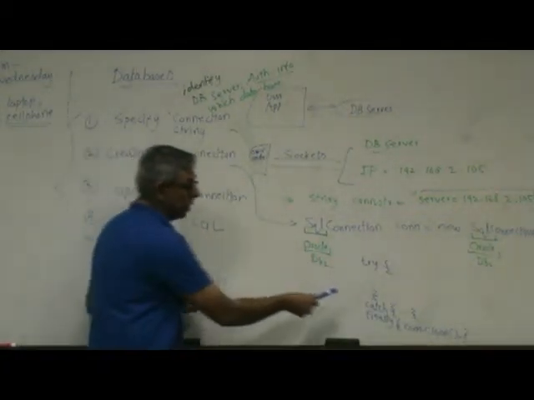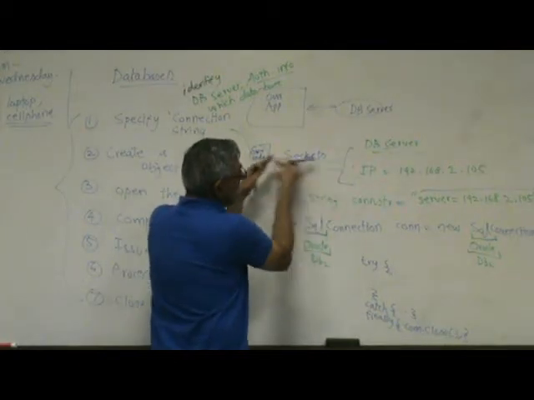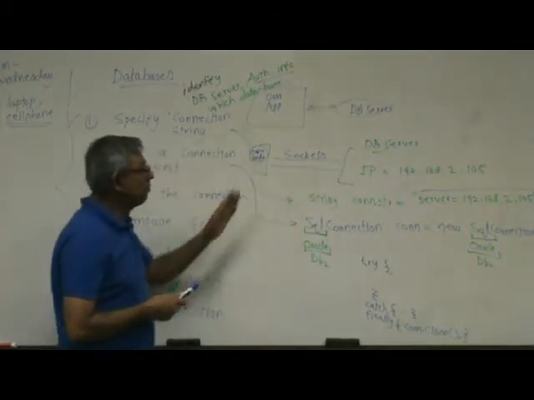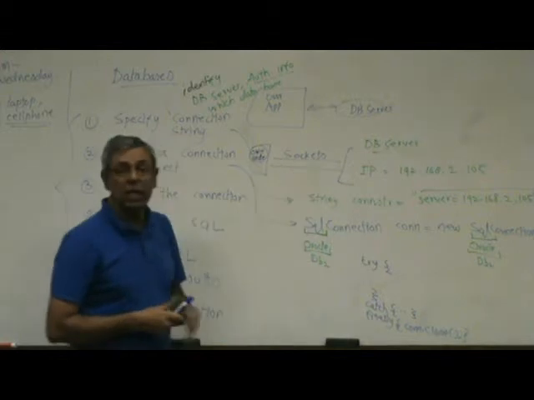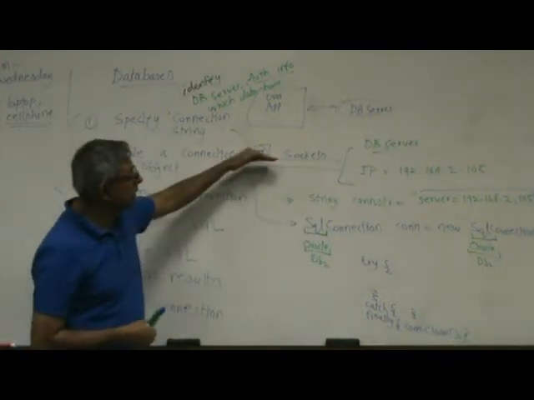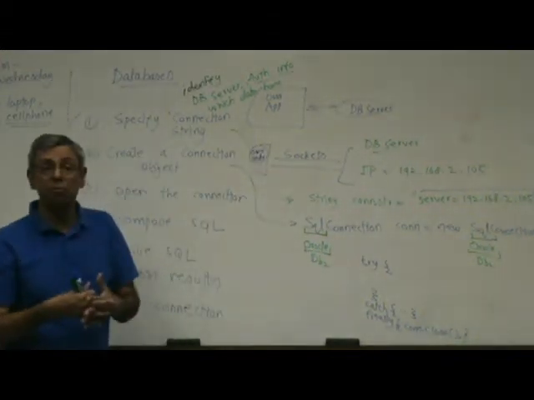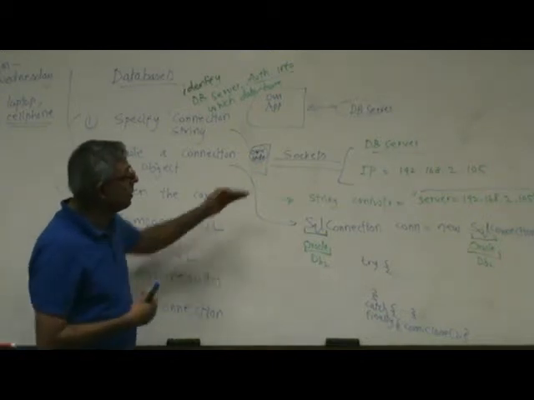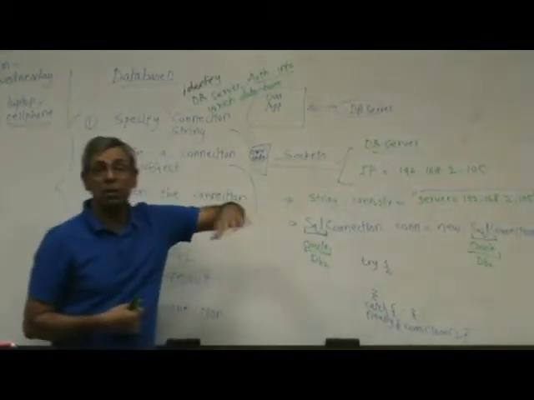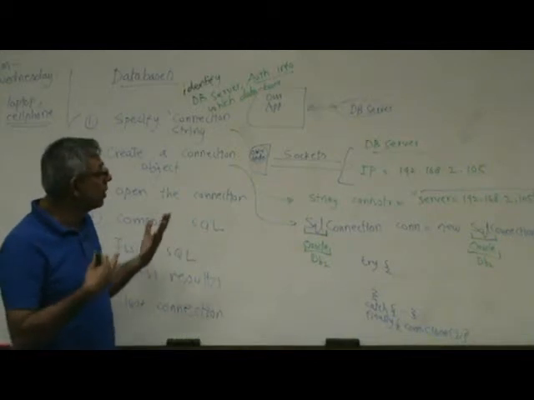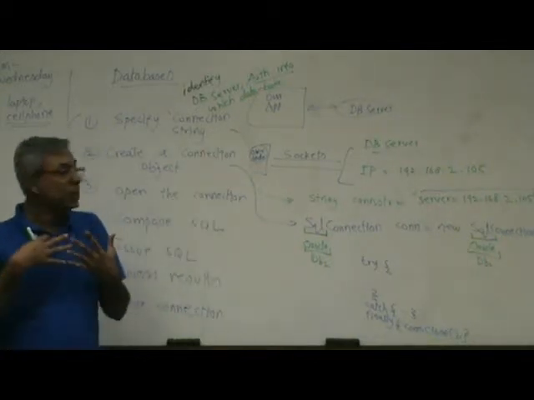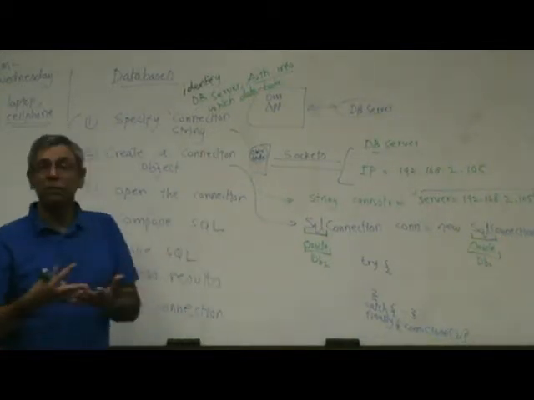So this will make sure that we don't leave the connection hanging, because if too many clients connect to the database server and the connections are open for a long time, then over a period of time the database server will run out of connections and your whole application will start to either not work or work very, very slowly.